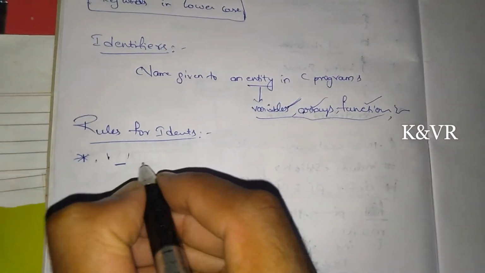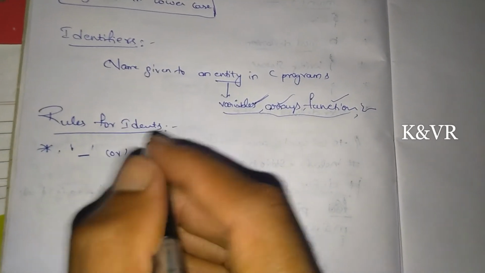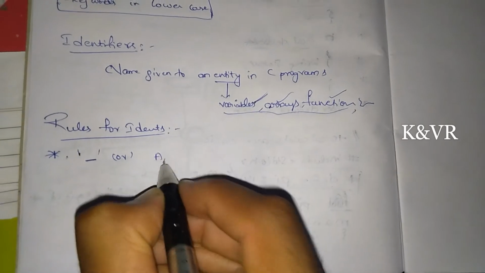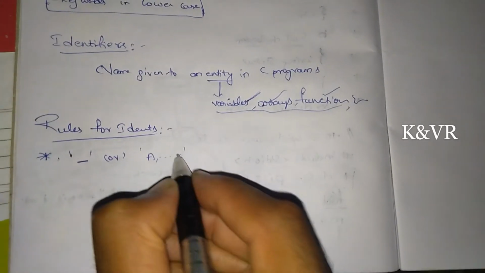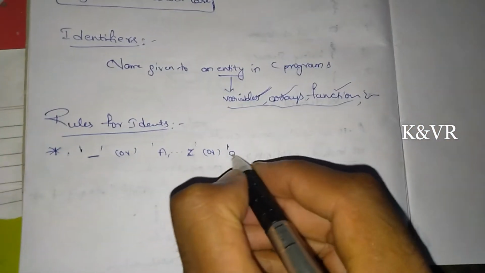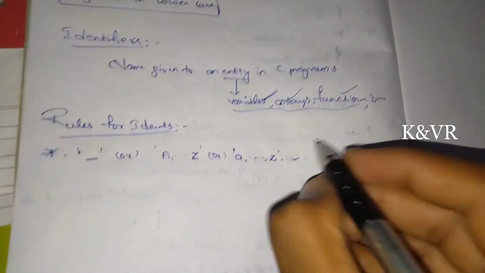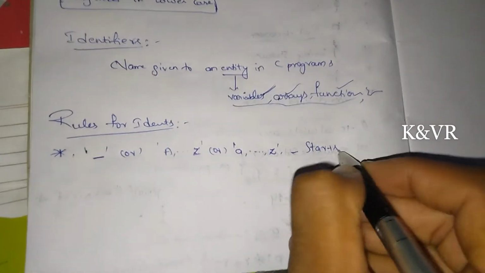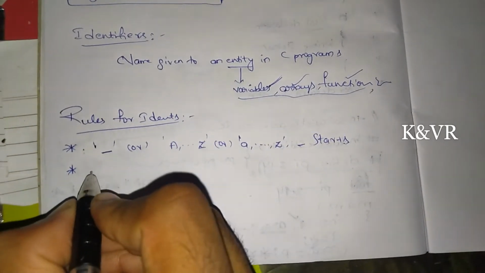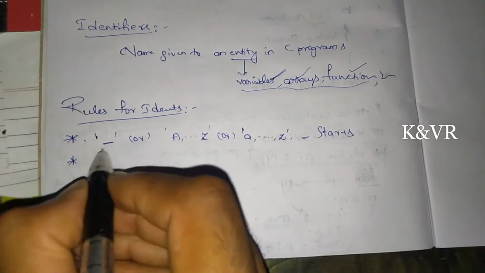It can start with an underscore or with an alphabet, either lowercase or uppercase, A to Z or a to z. Special symbols are not allowed except underscore.